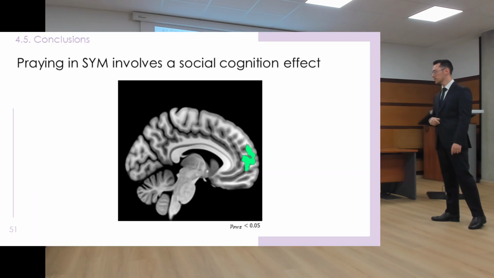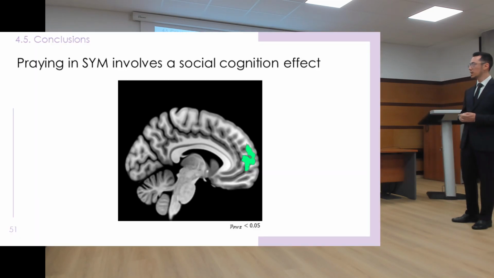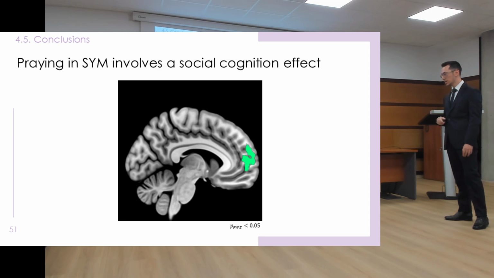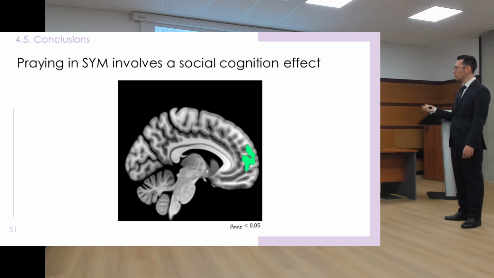So, in conclusion, this task-based fMRI research has shown a social cognition effect related to praying in Sahaja Yoga meditation, which might be as well related to the later state of mental silence, where practitioners perceive a state of yoga, which shows trust in the receiver of their speech.